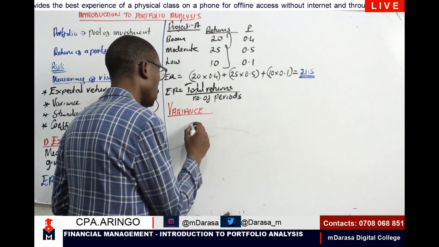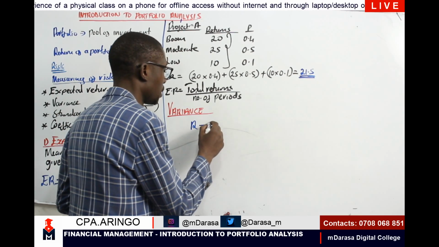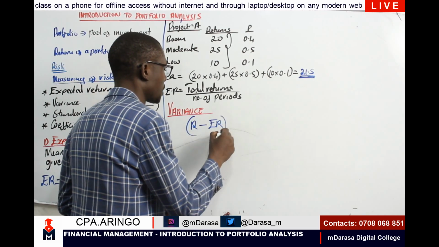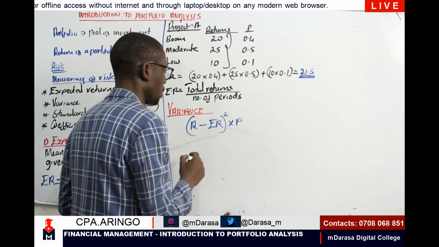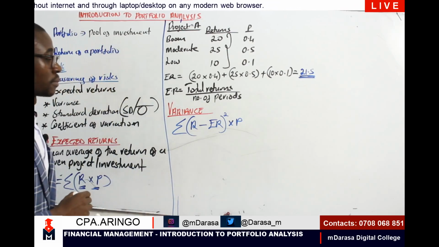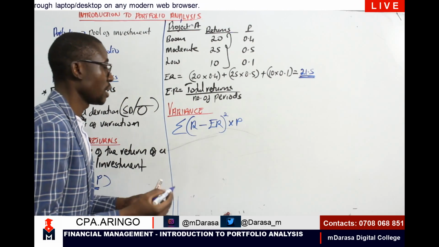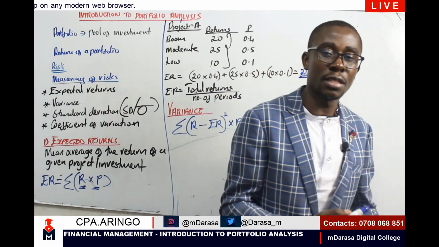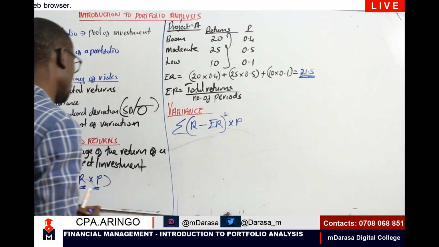To determine our variance, first of all, I'm going to measure the difference between my actual return and expected return. This time round we square that, times the probability. Then don't forget the summation of all that. Basically, variance measures the percentage change or difference between the expected return and the actual return.